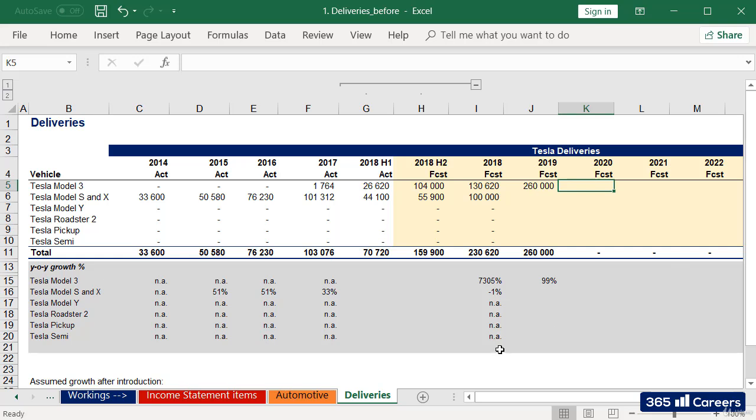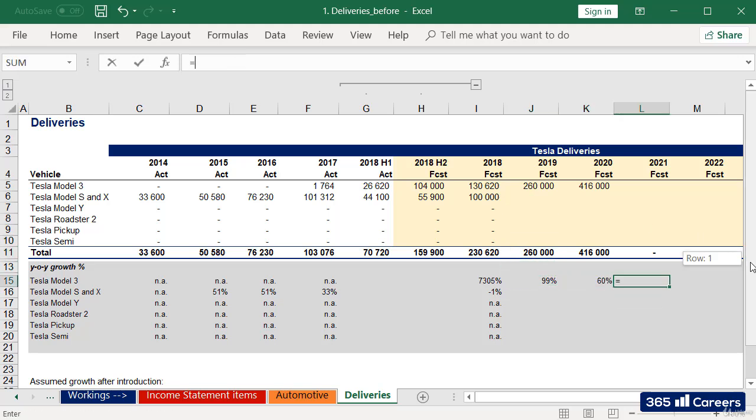One small issue is that we don't have 3 full years of deliveries for Model 3. To solve that, I'll manually forecast that in 2020, Tesla will deliver 8,000 Model 3 vehicles per week.